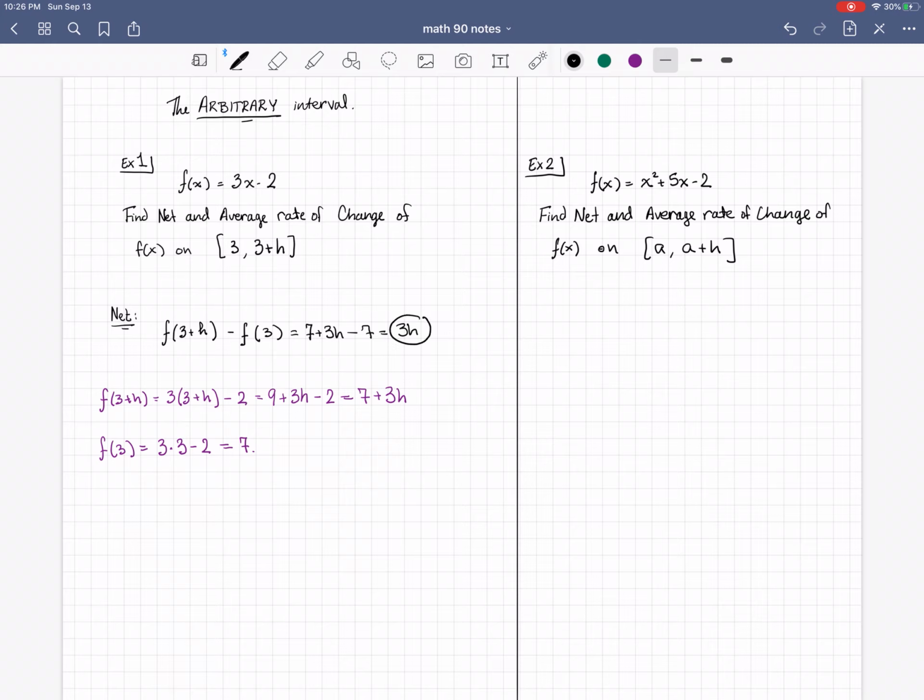What we're noticing here is that the net change depends on the length of the interval. I want to point that out. The length of this interval is h, and the net change depends on h.